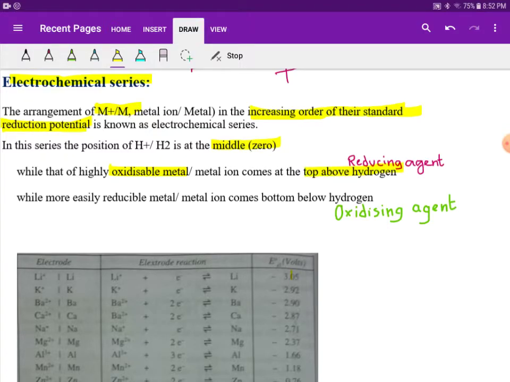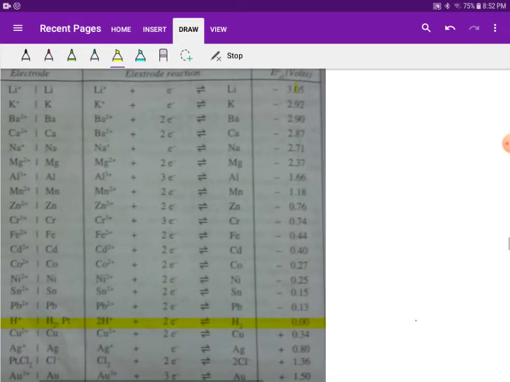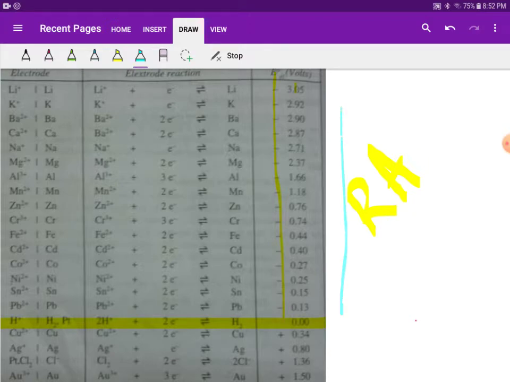They all have negative values of reduction potential, and they are generally powerful reducing agents. So please note, all the metal ions having negative reduction potential, which are more oxidizable than hydrogen and lie above the hydrogen, are powerful reducing agents.